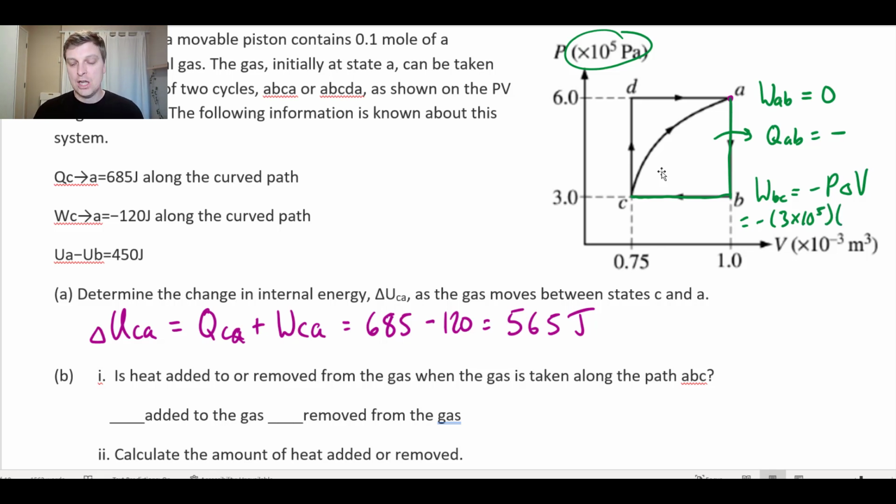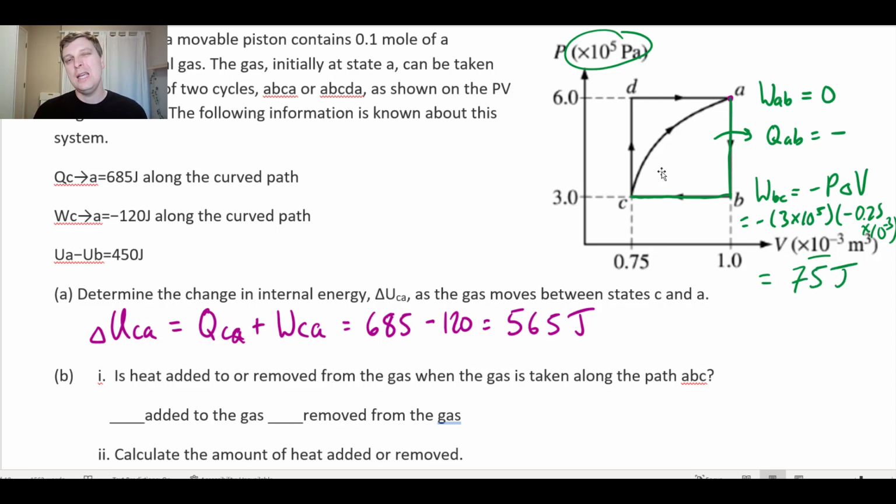And then my change in volume is going to be from 1 to 0.75, so that's going to be negative 0.25, and just note that that's times 10 to the negative 3. Overall, this ends up being a work which is positive because it's being done on the gas, and those negative signs cancel out, of positive 75 joules.